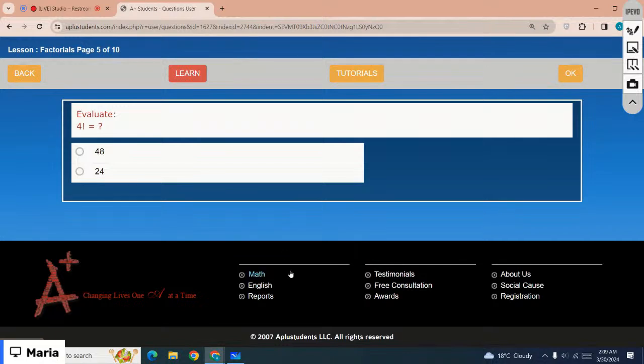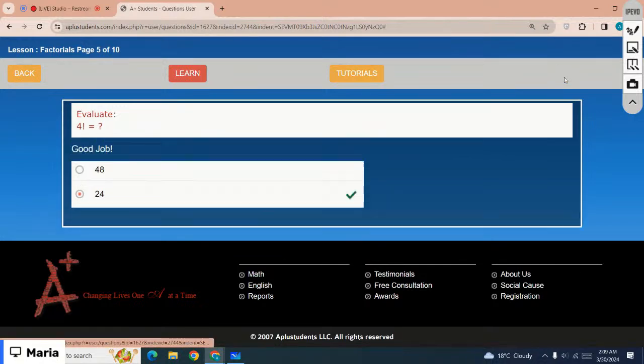Yes, that's 24. The correct option is 24. 4 times 3 is 12, and 12 times 2 is 24.